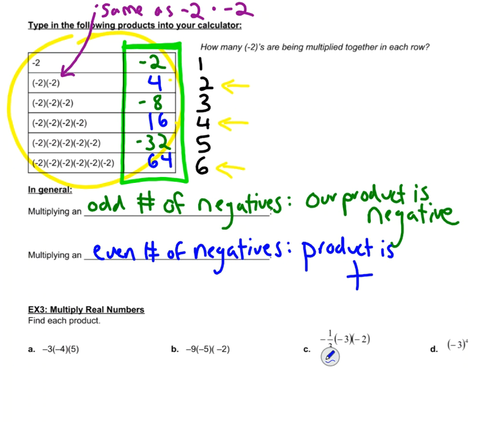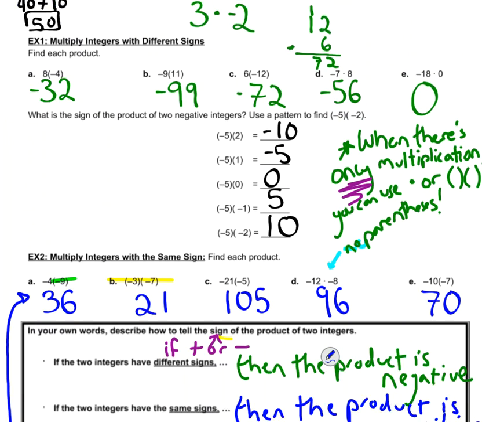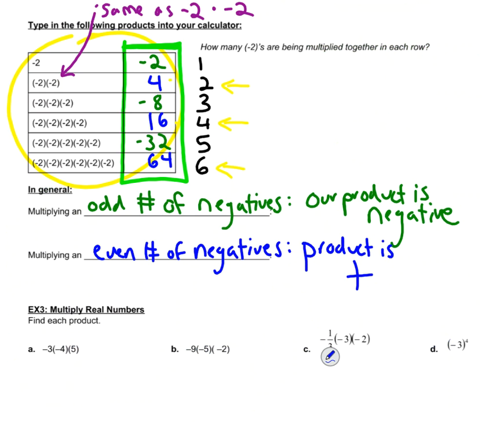And we can actually see this in our previous examples. Let's see, the bottom of page 1: if two integers have different signs, that means one of them is positive and one of them is negative, aka we only have one negative being multiplied, then our product is negative. So we're checking out with our previous rule.